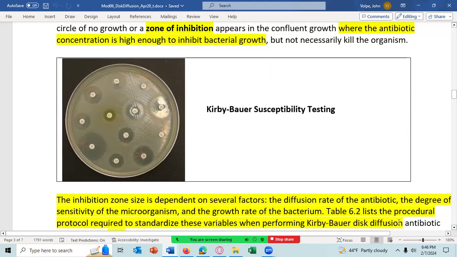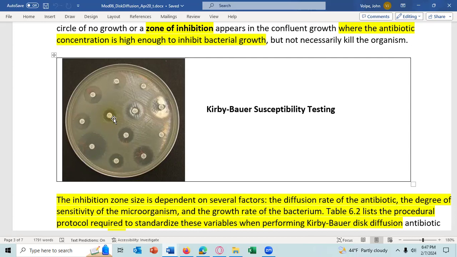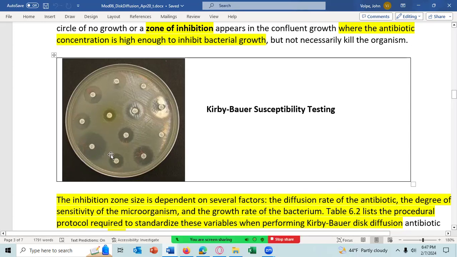You would think that the size of the zone of inhibition would be a measure of the sensitivity of the bacteria. Like this, you would say this bacteria is sensitive to this antibiotic, but fairly resistant to that antibiotic. That is not the case, though, because there are several factors coming into play to determine the size of the zone of inhibition. First, it is true that the sensitivity or the resistance of the bacteria will determine the size of the zone of inhibition.